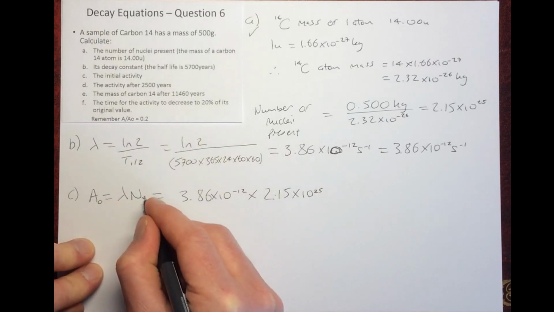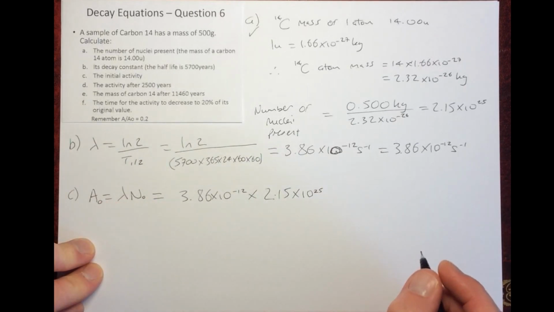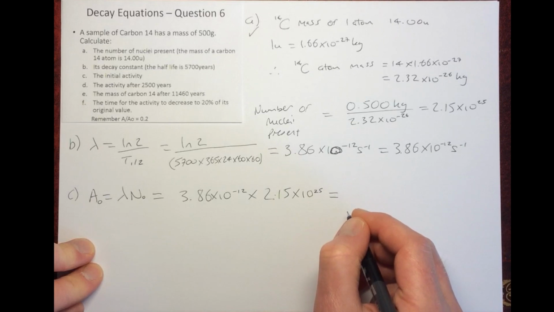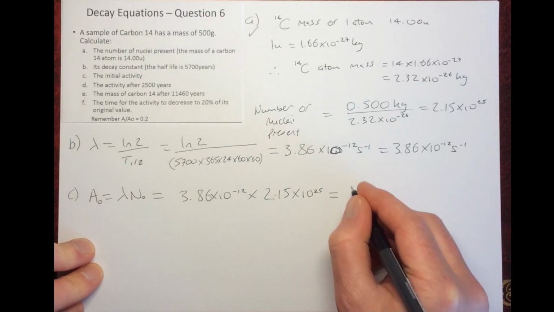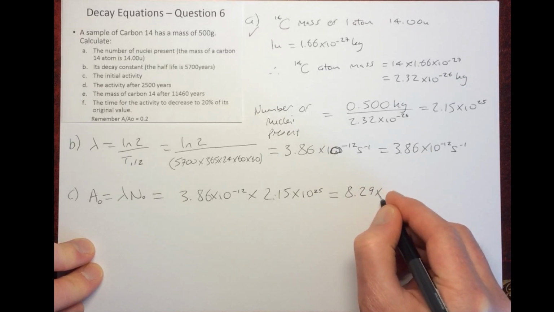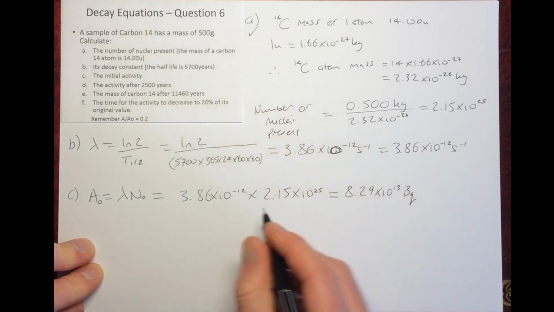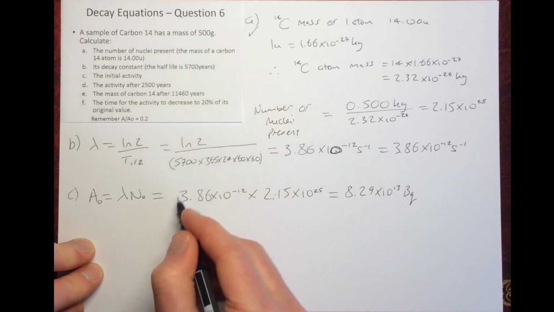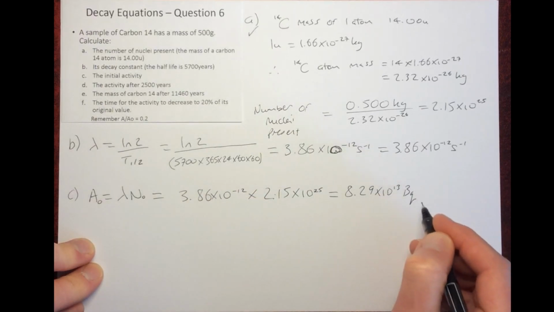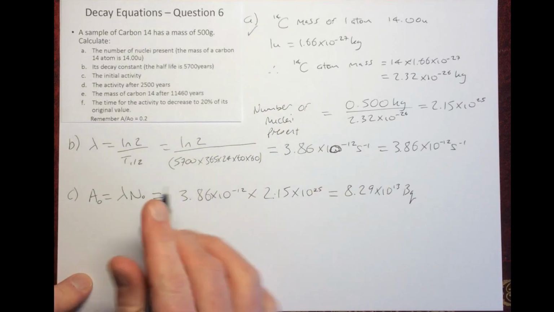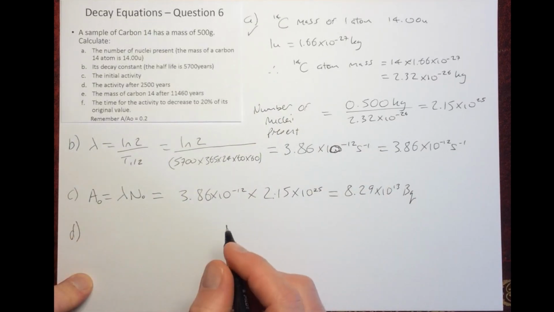By the way, I suppose you could put a naught on there because it's the original activity. And that's going to give us a value of 8.29 times 10 to the 13 when you put that into the calculator. And we can then put that in becquerels. Now, if this was in per year rather than per second, this unit would not be in becquerels, okay? So be careful with your units.